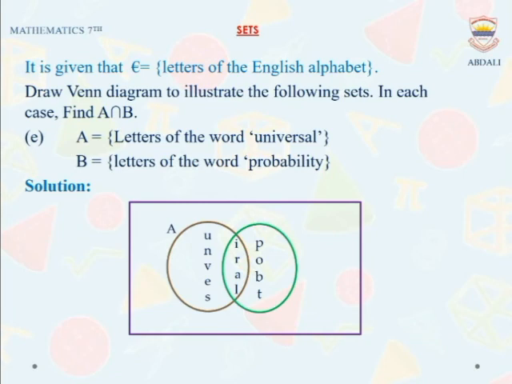So the elements of set B are P, O, B, G, I, R, A, L. And now we can easily see that I, R, A, L are common to both words. That's why they will come in A intersection B, and the answer will be I, R, A, L.